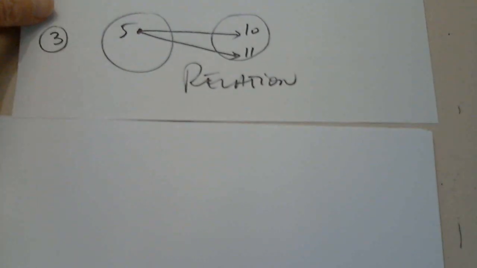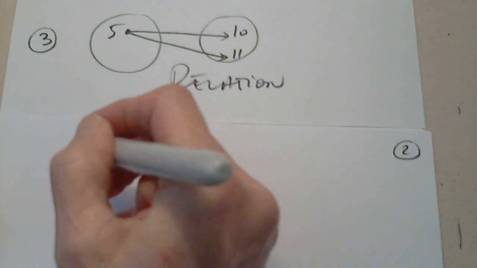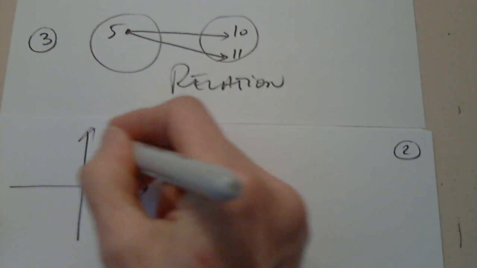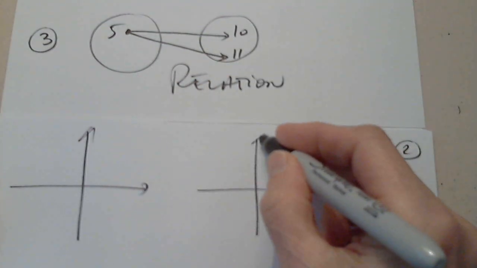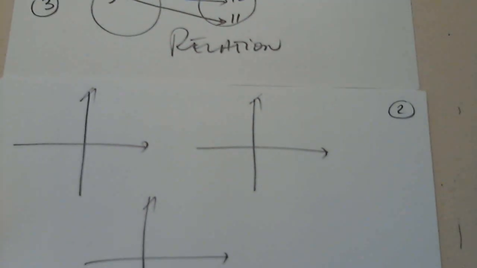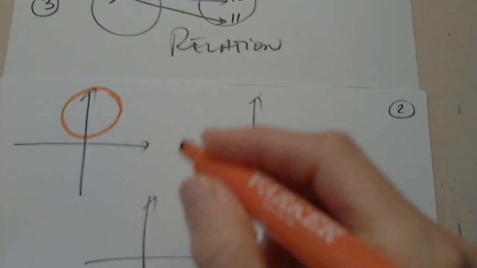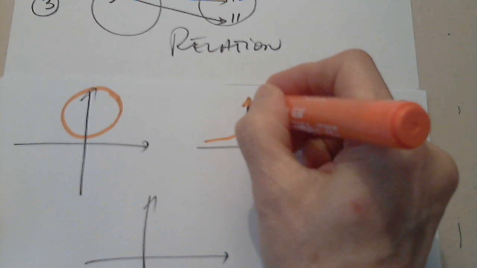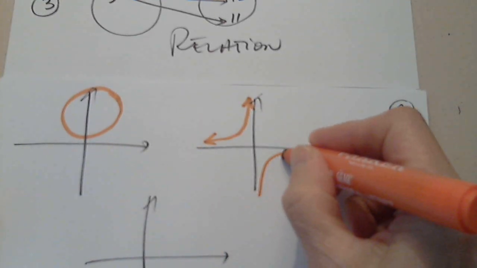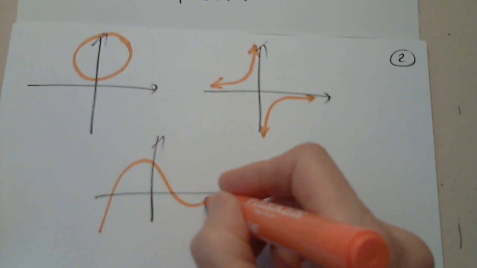Also, I'm just going to show you a few graphs. So this is graph number 1, this will be graph number 2, and this will be graph number 3. So the first graph is this. The second graph is this. And the third graph is this.